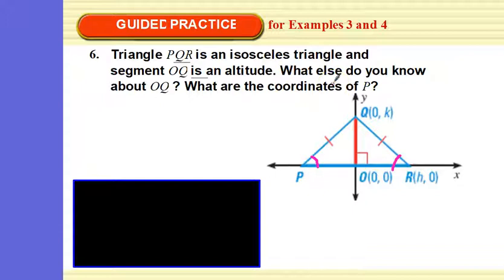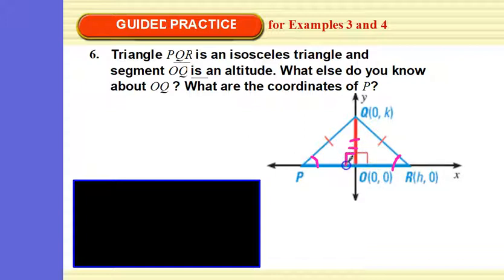Okay, isosceles, this is an altitude, this is a height. What else do you know about OQ? All right, well, what do we have? We have reflexive, right? So by angle, side, side, no, but this is 90 degrees, so it's hypotenuse leg. So by hypotenuse leg, these two triangles are congruent, therefore corresponding parts of congruent triangles are congruent.